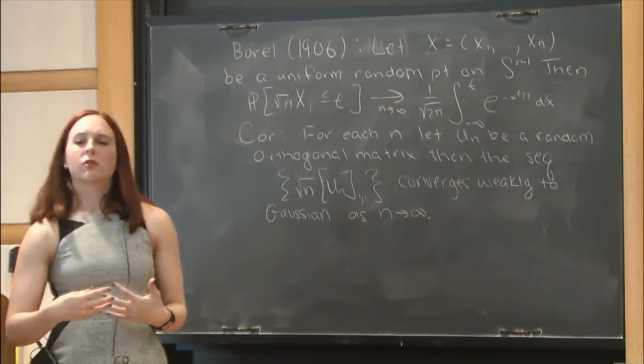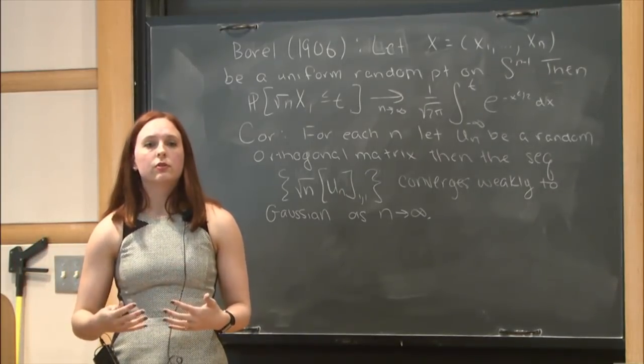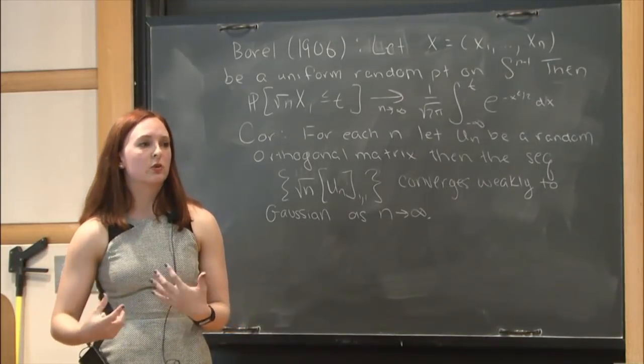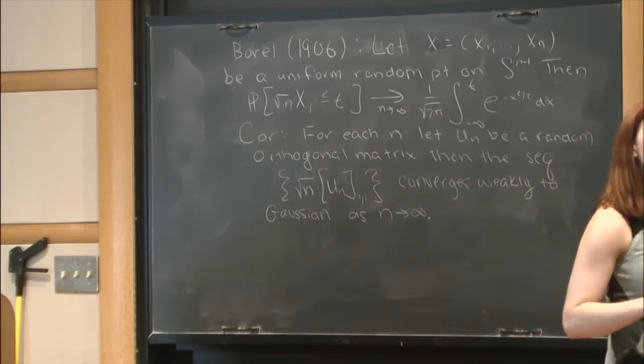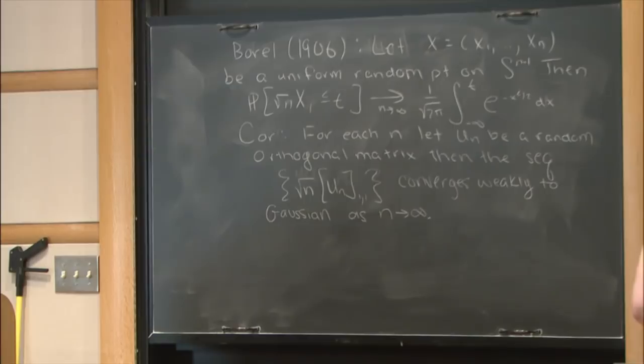We would like to extend this result to higher dimensions. In order to do so, we need a way of quantifying the distance between two probability measures. So the notion of distance I'm going to use is called total variation distance.